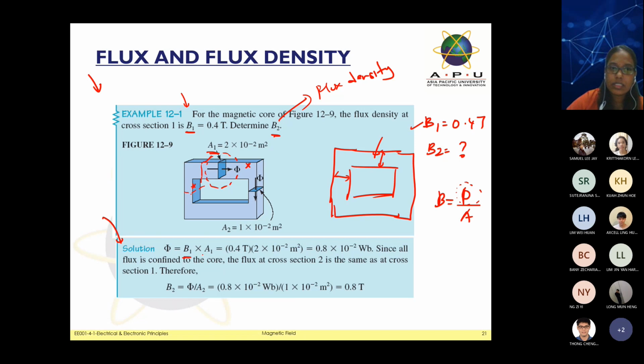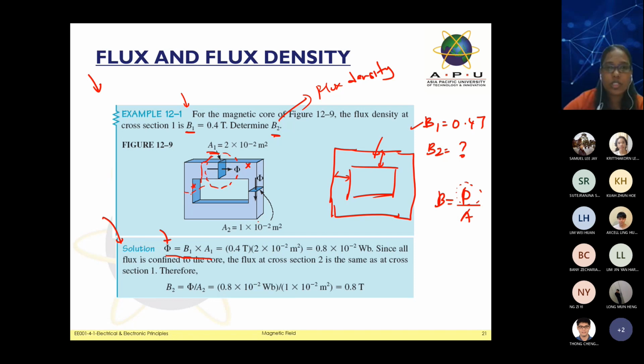So for B1, this is the basic equation. When you do your maths, of course, you know how to convert the equation to define the value of flux. So the flux equals B1 times A1. You already have the B1 parameter value, and the same goes for the A1 parameter value.